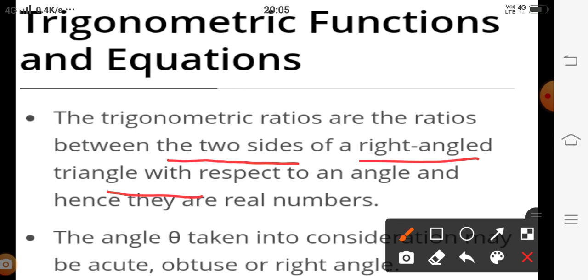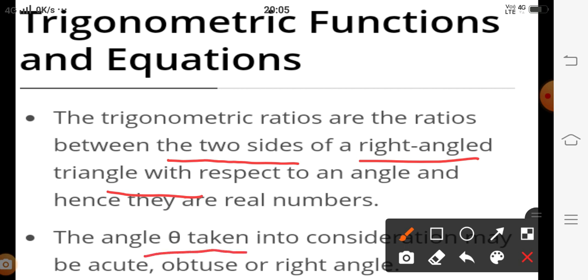This concept we know. If you are recalling from class 10th, then we are getting a right triangle, and then using the concept of right angle triangle, we are able to get the values of all the 6 trigonometric ratios with respect to the angle which is given in the triangle.